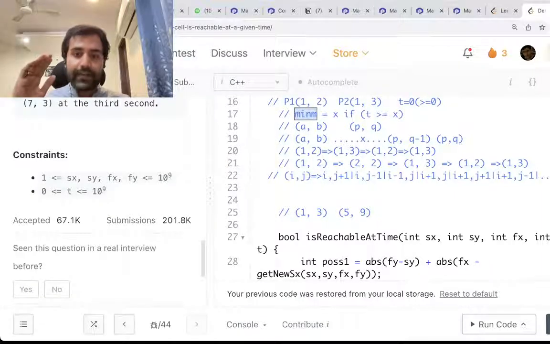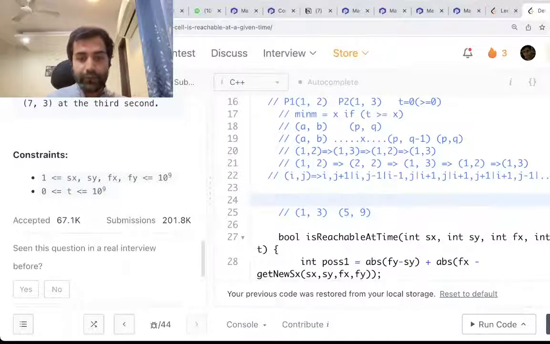Horizontal, vertical, or diagonal? Which kind of movement will you prefer? Diagonal.